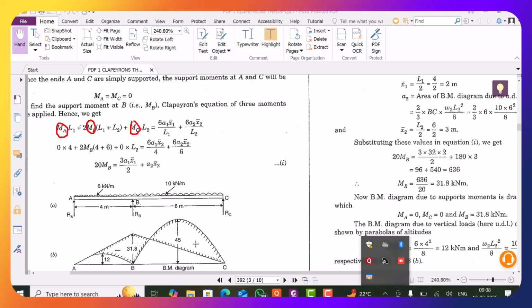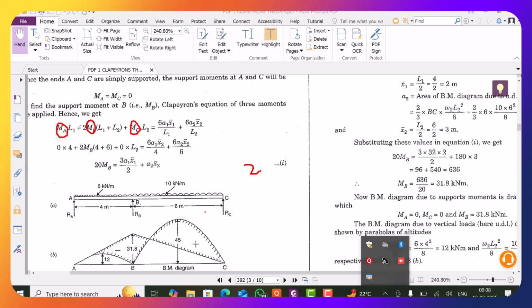And the third one is MC. So now you have 3 unknowns, MA, MB and MC. And the equations of equilibrium available with you in this case are 2: summation Fy equal to 0, and the sum of all the moments about any point within the beam is equal to 0, Clapeyron's theorem.